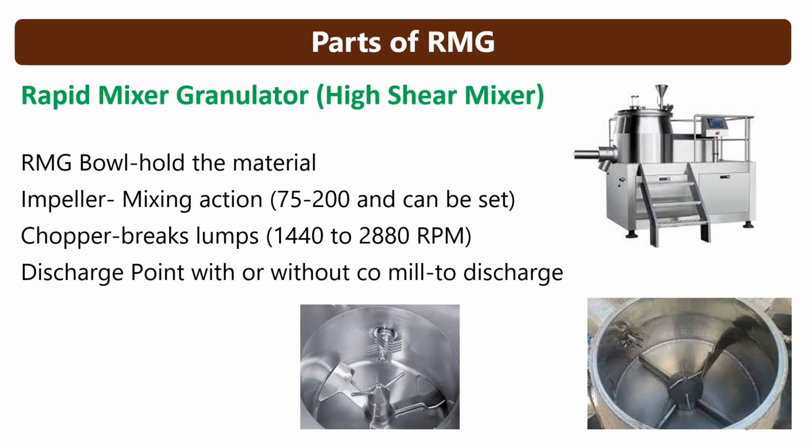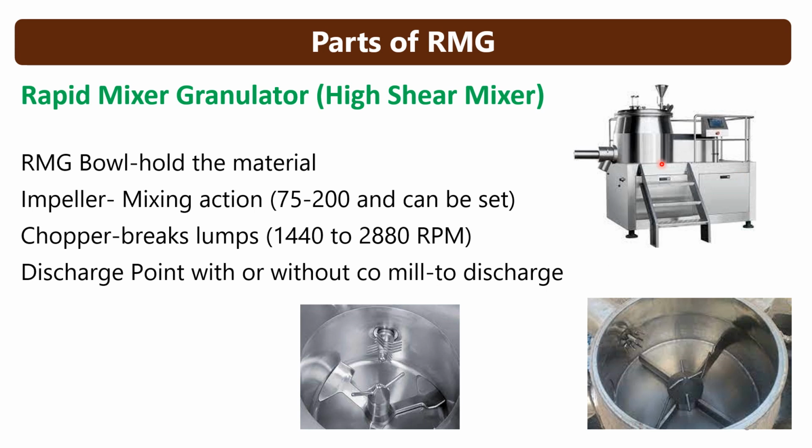Then we will come to understand what the parts of RMG are. Whenever we are going to use any machine or learn any machine, we should know its parts. So rapid mixer granulator is also known as high shear mixer. It has a bowl that holds the material.